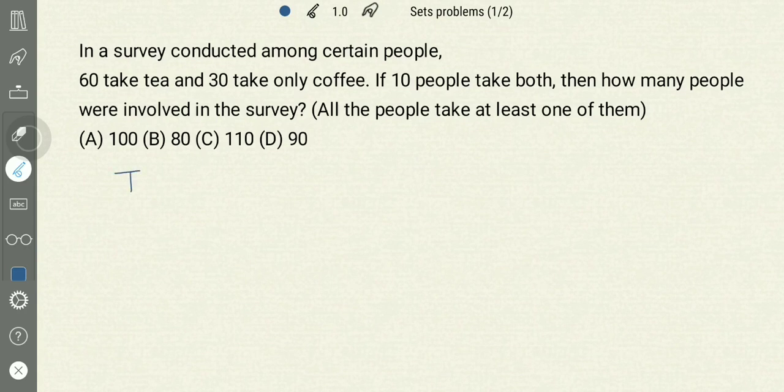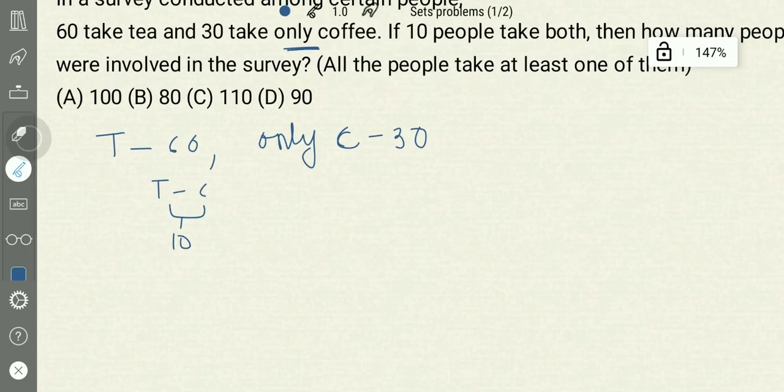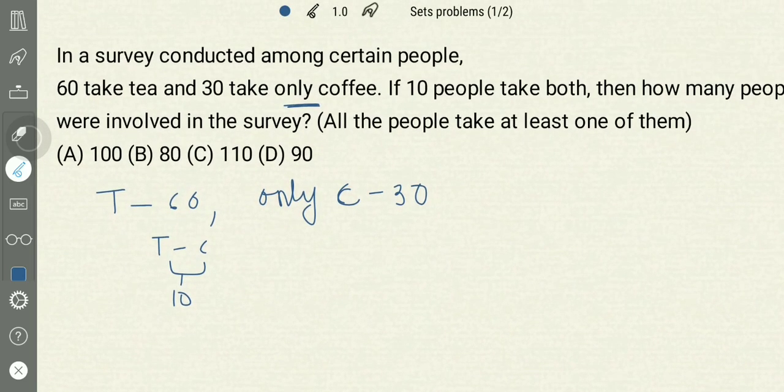The people who take tea is 60 and who take only coffee is 30. If 10 people take both tea and coffee, then how many people were involved in the survey?